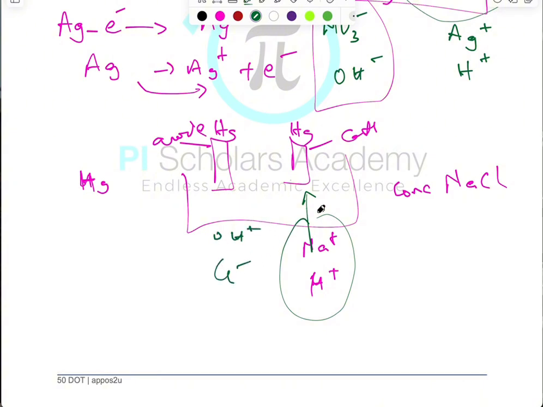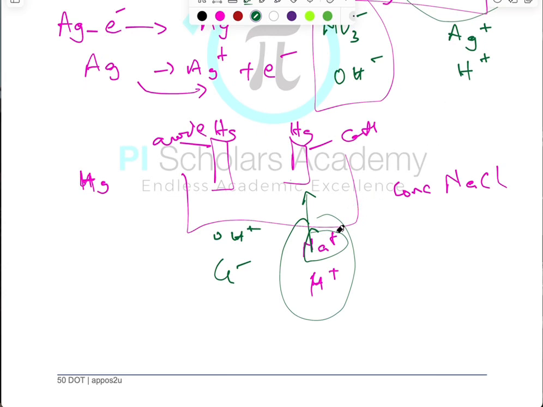From what we know, H plus is going to be discharged at the cathode because it is lower in the electrochemical series. But because a mercury cathode is the one being used, it's going to be difficult for H plus to be discharged. That is because hydrogen gas will create a higher overvoltage. And therefore, what will be discharged instead will be Na plus.